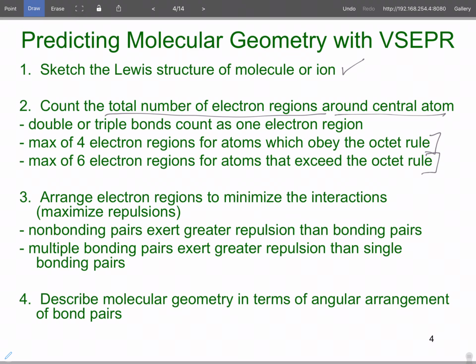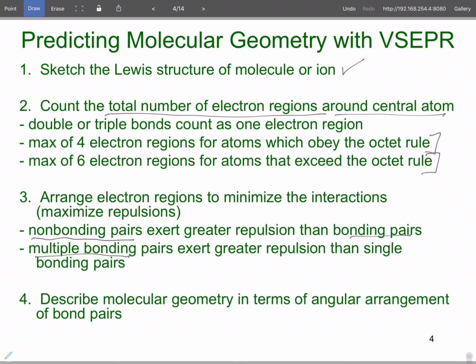Well, what's that mean? If you think about it, everything pretty much comes down to non-bonding pairs, bonding pairs, and multiple bonding. Non-bonding pairs are going to have the greatest electron density, so they're going to push the most. They're the most negative. Bonding pairs, single bonds, are going to have the electrons tied up in between.